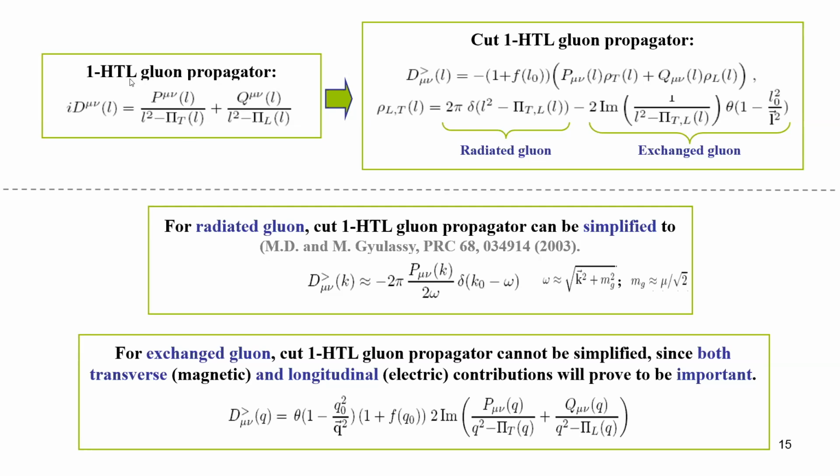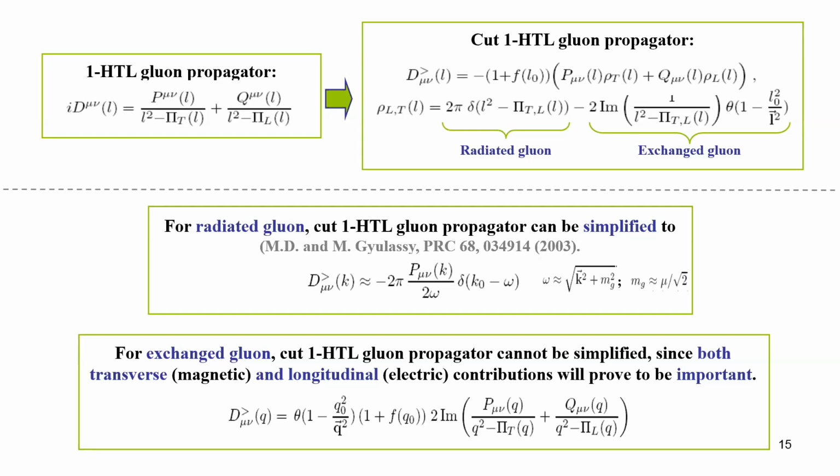Sorry, Magdalena, can I ask a question? Yeah. On the previous slide, maybe you're going to cover that in this slide, but you said you had Landau damping. Is there a Debye mass that goes into that, based on the quark mass? I think I will now explain what it is.